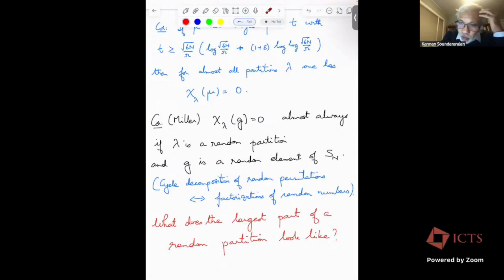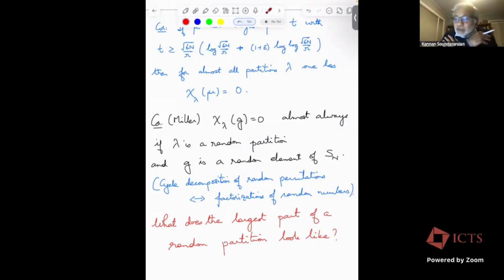It's like 1 over 100 factorial, but still it's a positive proportion of numbers that will have a prime factor larger than n to the 1 over 100. And similarly, a large proportion of the elements of the symmetric group will have a cycle of length which is larger than n over 100.